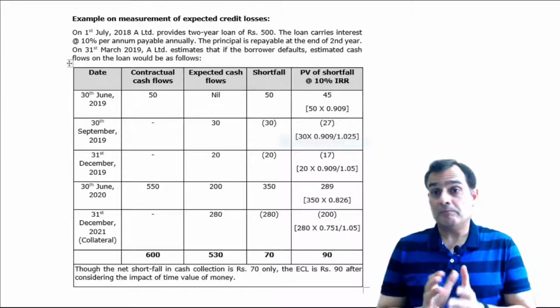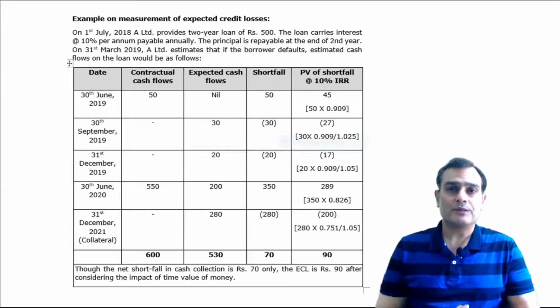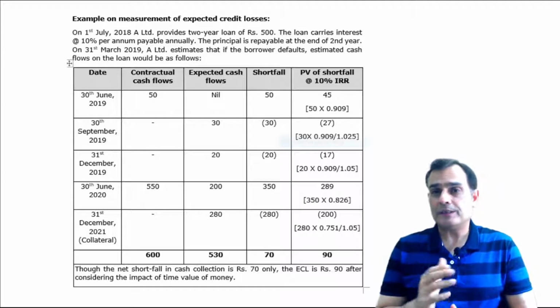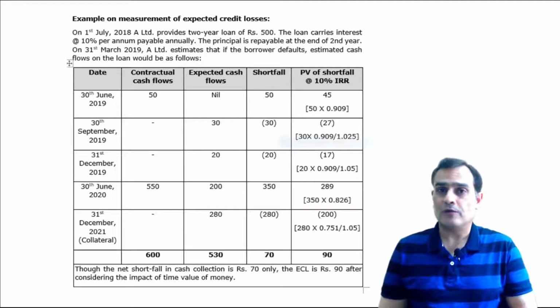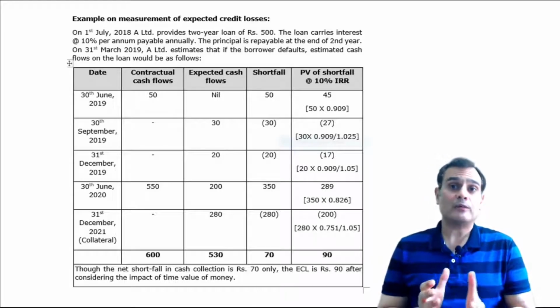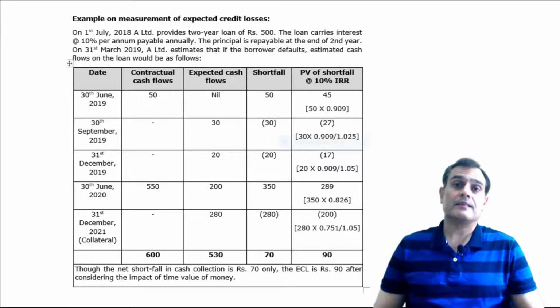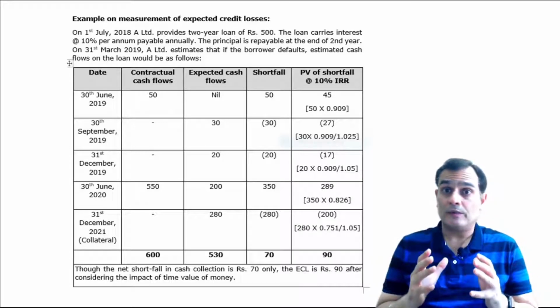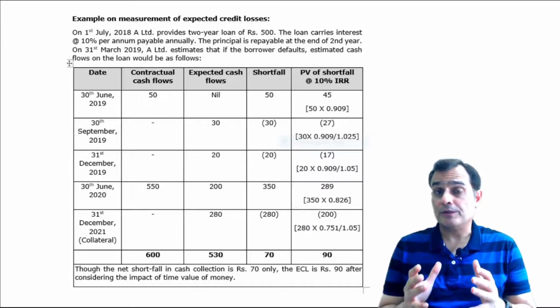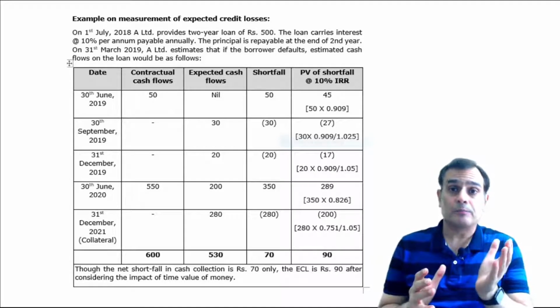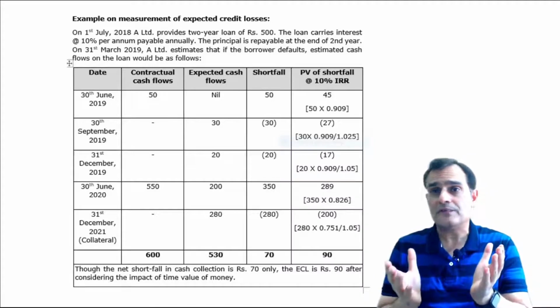Now, if you compare the two columns without considering any time value of money, you can easily zero in that the shortfall is 70. But when you calculate the expected credit loss, we are supposed to apply the concept of time value of money. So in this case, we'll go date-wise. For example, on 30th June, you are supposed to receive 50, but you didn't receive anything.